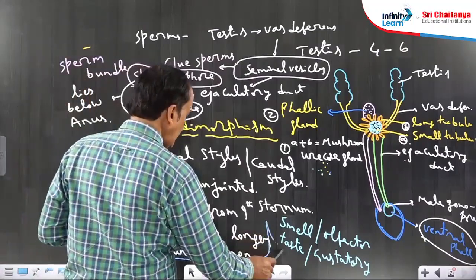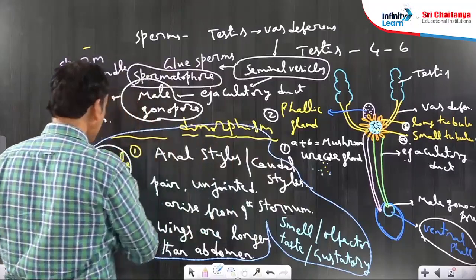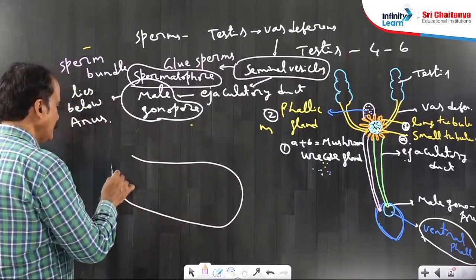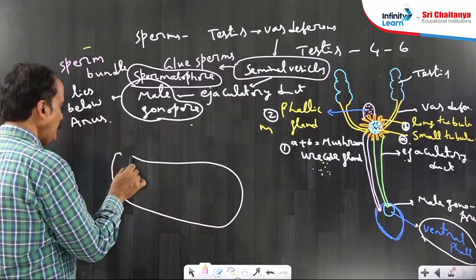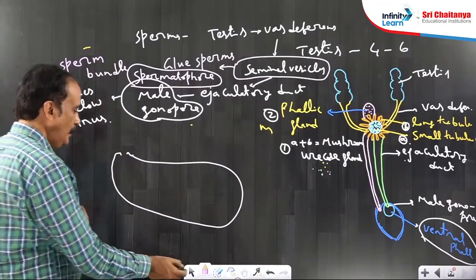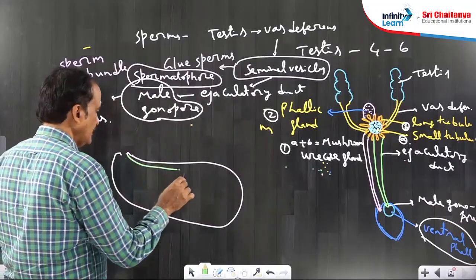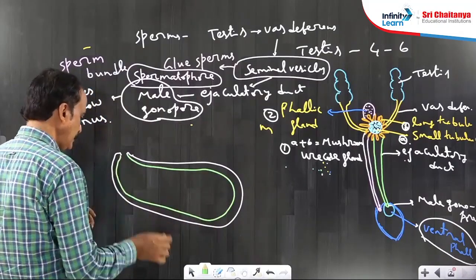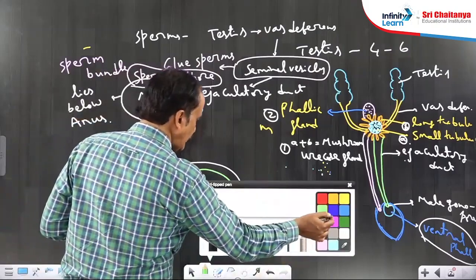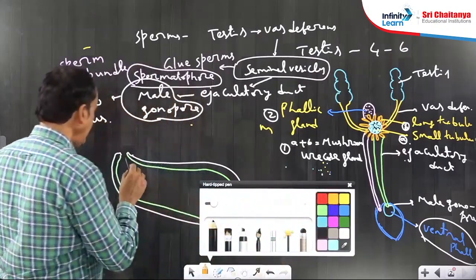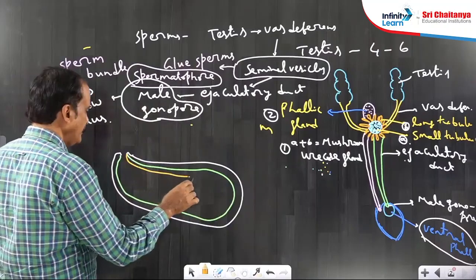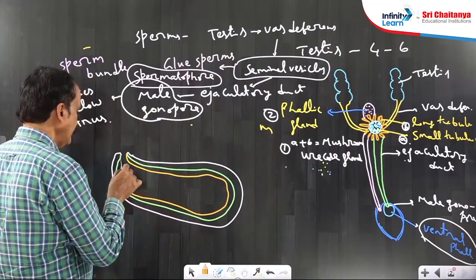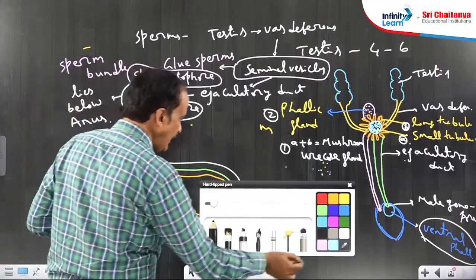The sperm bundle is present. It has 3 layers. Like this, it will have a small aperture. So this is the outer layer, this is the middle layer, and this is the inner layer. Inside it contains the sperms.